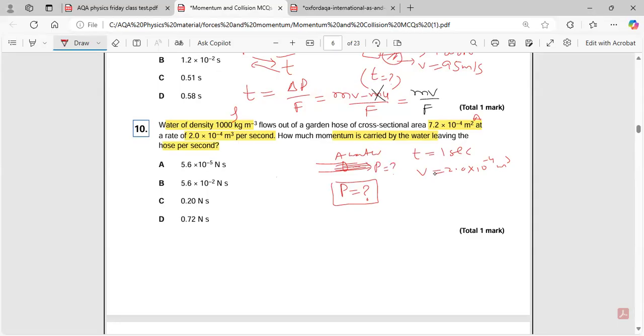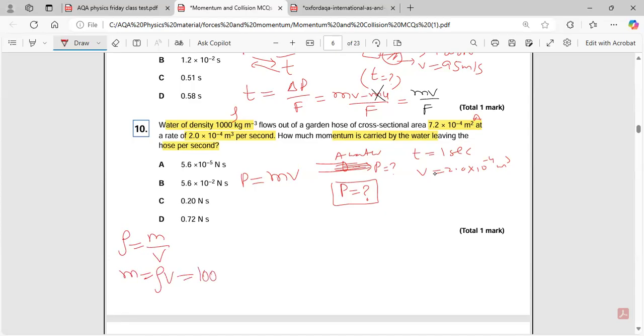So we know that momentum is equal to mass into velocity. So do you have the velocity? No, you don't have the velocity. You don't have the mass either. Mass can be determined because you have density. So mass is density into volume.